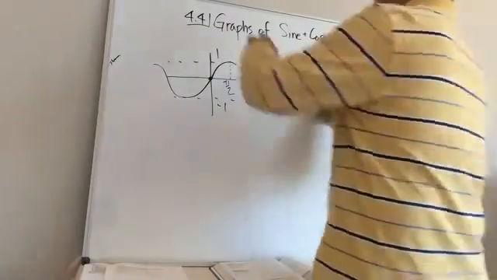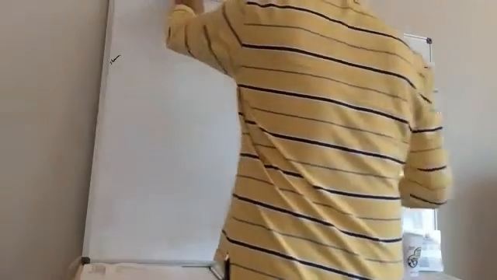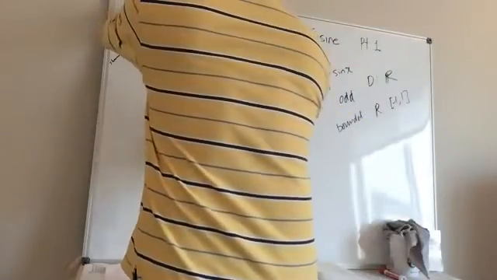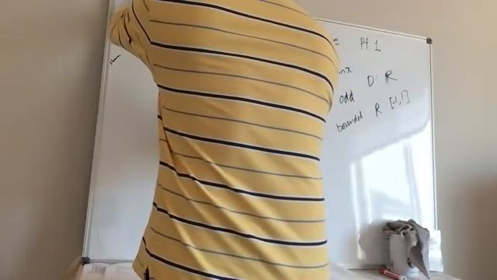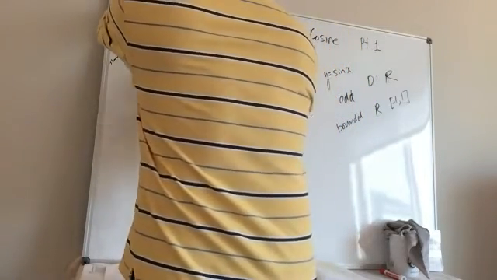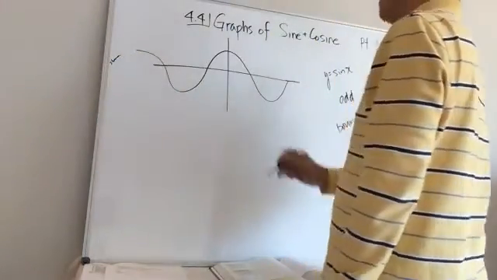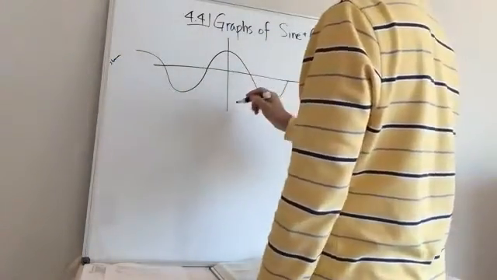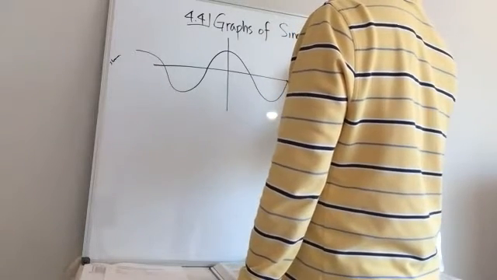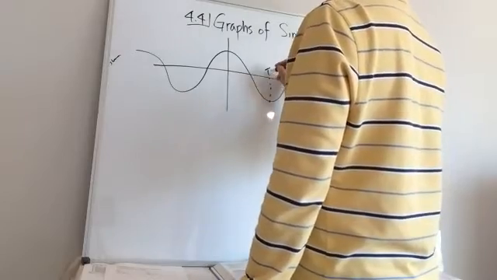The cosine function is fairly similar, except that in the cosine function, it's going to look just like the sine. But we're going to start from here. Okay, so it's going to be 0, 2 pi.